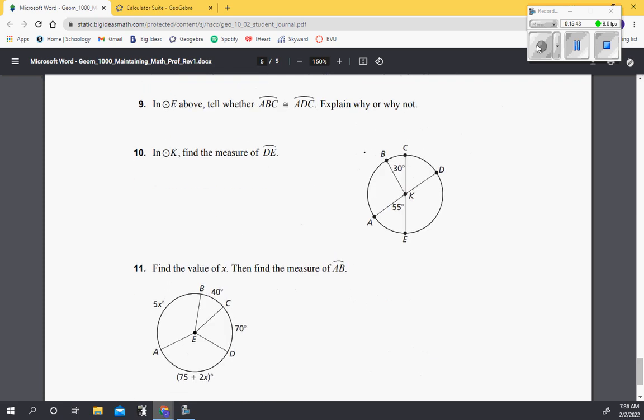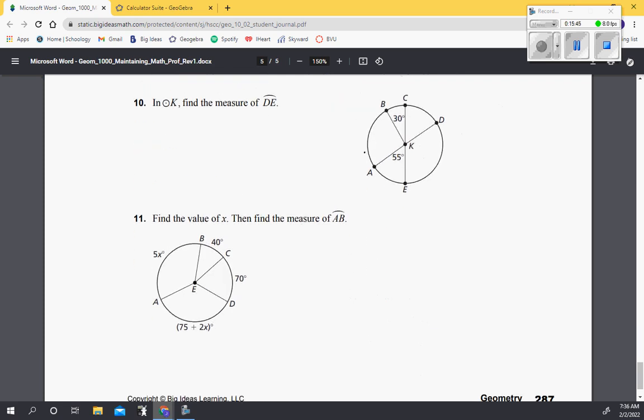Number 10. In circle K here, find the measure of DE. DE is right here. Now we have to do some math. We know this is 55 degrees, and we have a vertical angle here. This angle is 55 degrees.